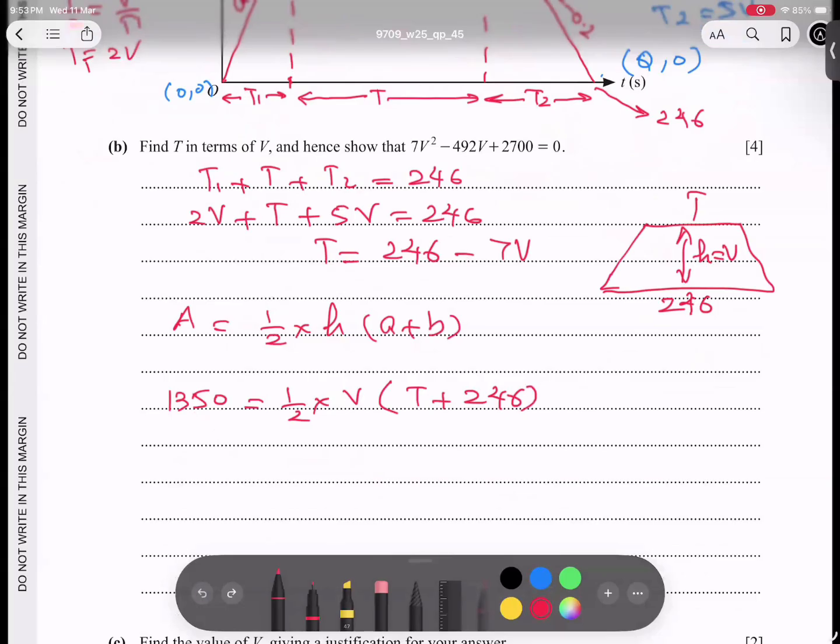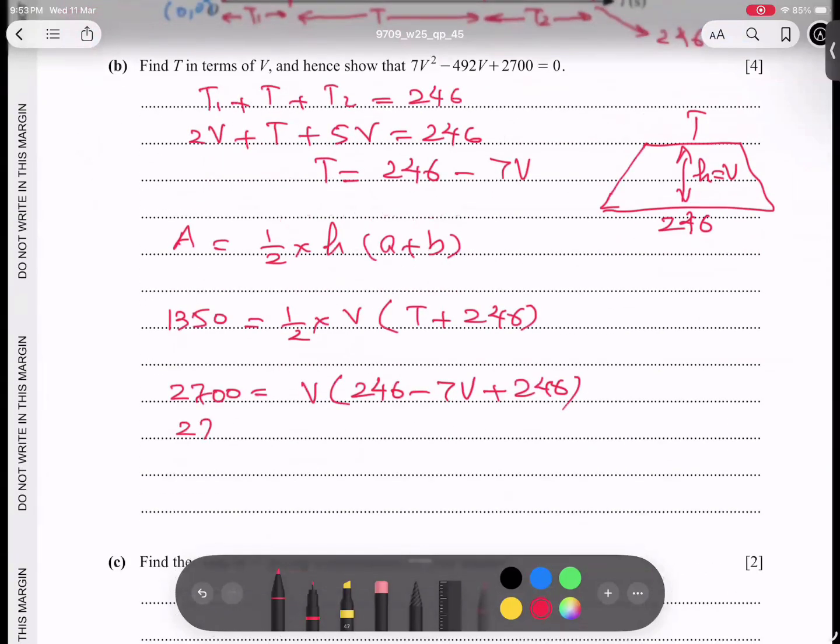2 multiplies there, and I get 2700. So I got a V here, and the T value is this. I can replace it in the bracket. So 246 minus 7V, and plus 246. Now V multiplies inside, so 2700 equals 246 and 246 times 2, which you can see is 492.